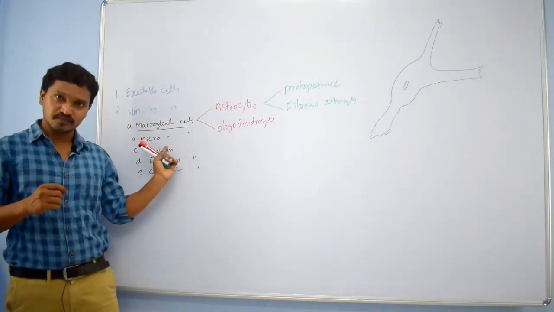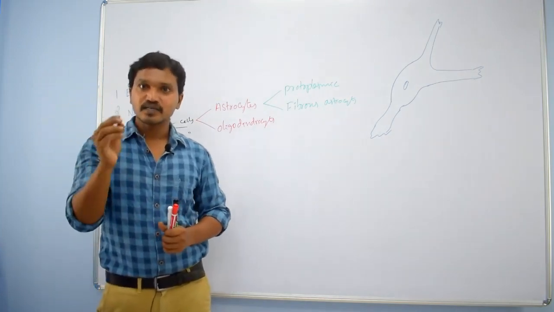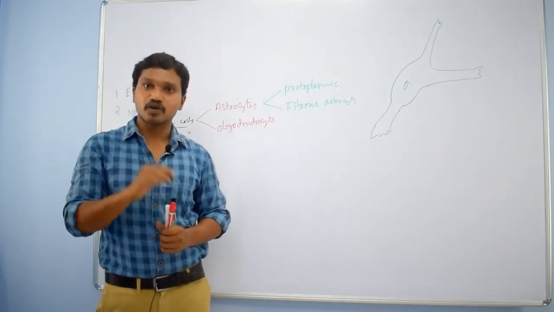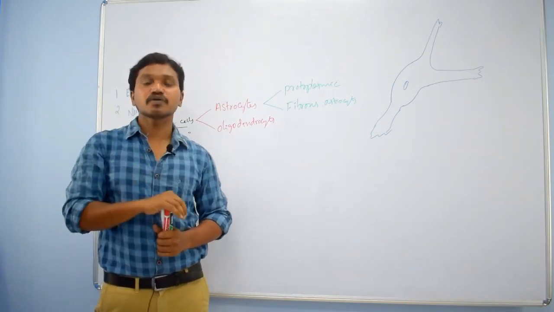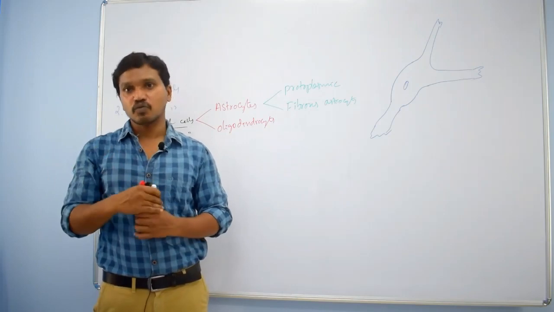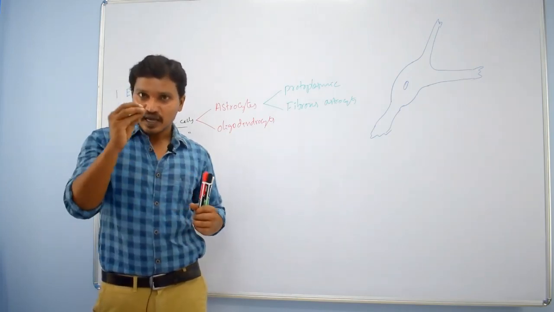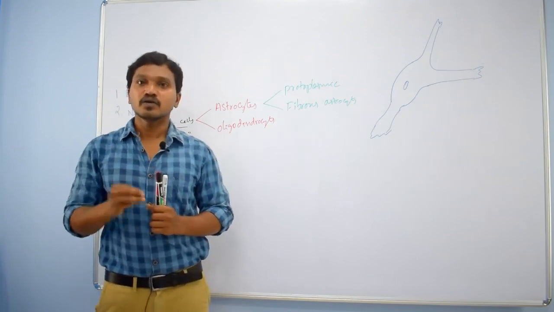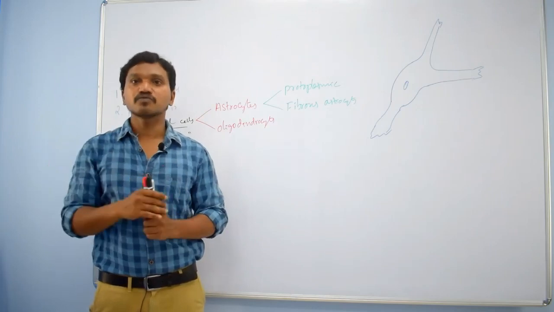Right? So, microglial cells are flattened cells with very few processes. Possibly they are derived from circulating monocytes during early postnatal life and the terminal part of prenatal life.